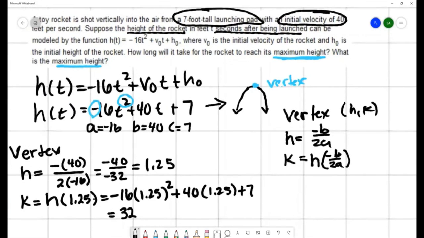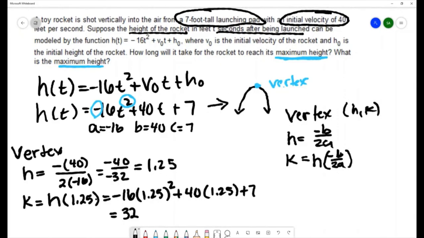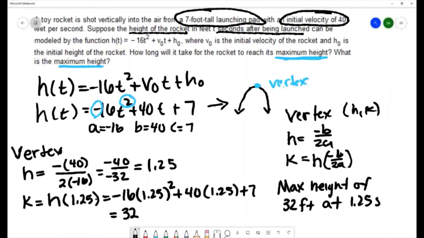So this toy rocket reaches a maximum height of 32 feet at a time of 1.25 seconds. We have a max height of 32 feet at 1.25 seconds.